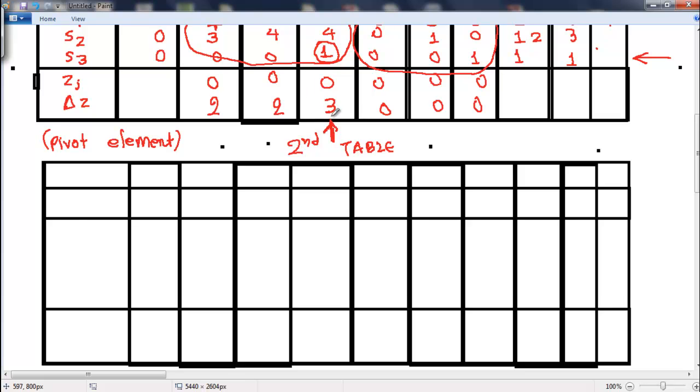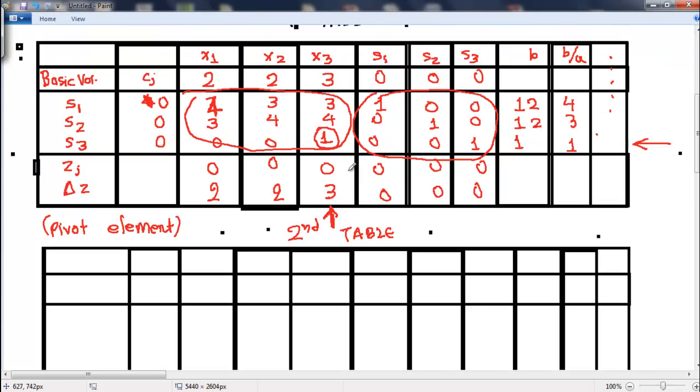First of all, it means that if I substitute the basic variable s3 by x3, then the value of the objective function can be optimized. So I'm starting again with basic variables, and Cj doesn't change, Cj is always the same, they are the coefficients of the objective function.